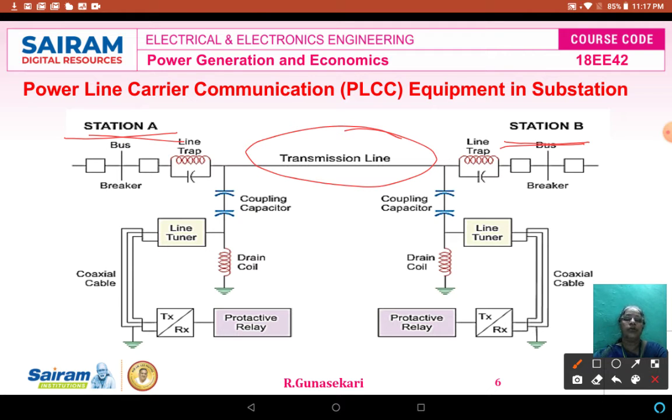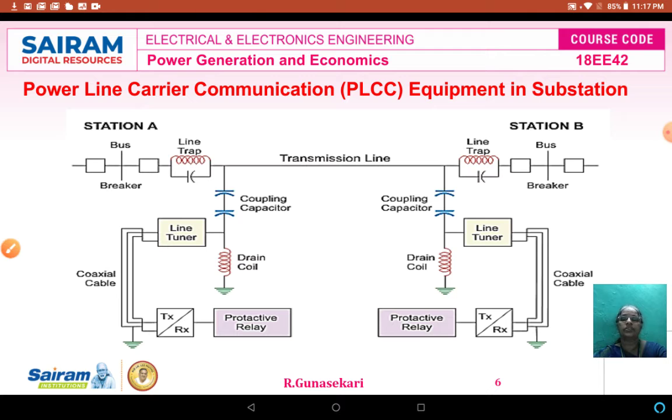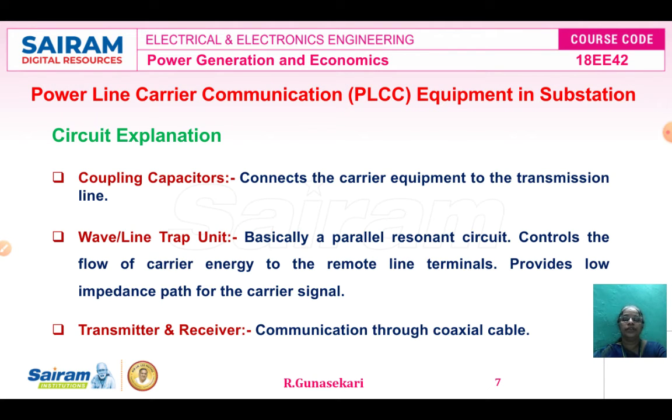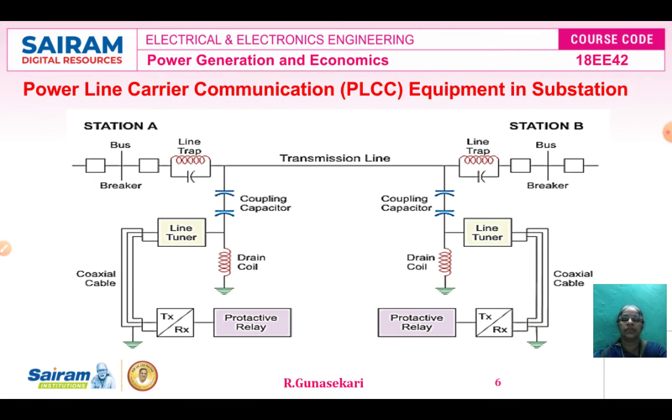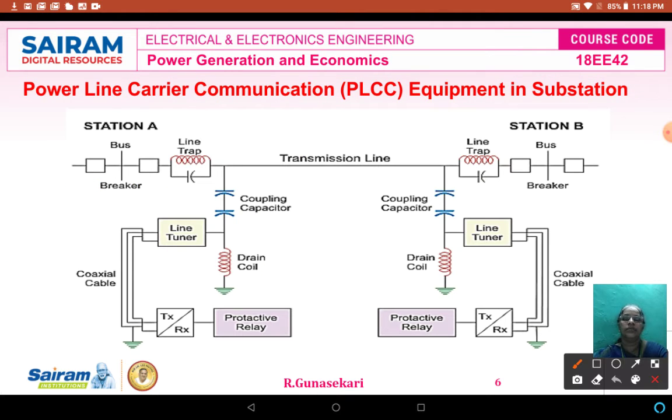Now we study in detail the individual component functions of the power line carrier communication equipment. The first one is the coupling capacitor. The coupling capacitor connects the carrier equipment to the transmission line. Now you see the circuit diagram. This is the coupling capacitor. It is connected between the transmission line and the line tuner.